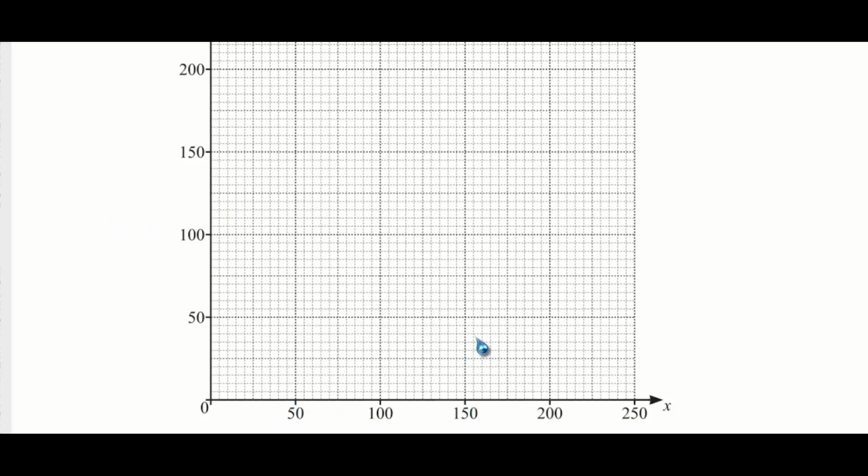So this is 180. Let's remove 20: 1, 2, 3, 4. So it will be here. So we're going to remove 4 because 2 lines is 10. Let's see, 150, 160, 170, 180. So it is here. So I need to draw a line. So from here like this, I have to go up.